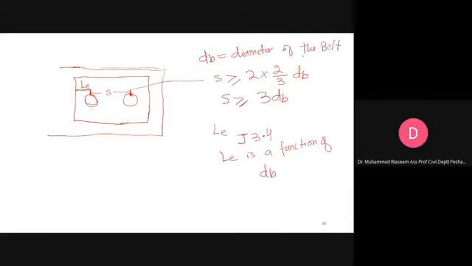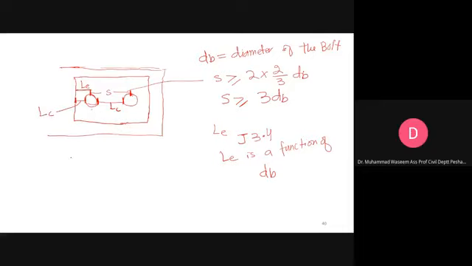You just have to consult that table. This edge to edge distance, this distance is LC. This distance is also LC.